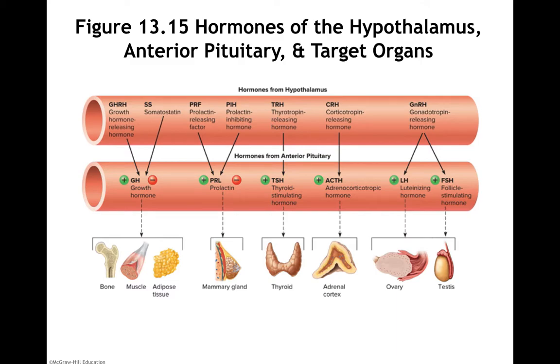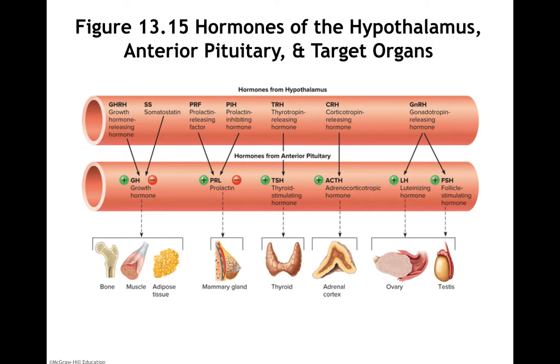So growth hormone is released in response to growth hormone releasing hormone. It is inhibited by another hormone from the hypothalamus called somatostatin. Prolactin releasing factor and prolactin inhibiting hormone work on the prolactin producing cells. Thyrotropin releasing hormone is going to act on thyroid stimulating hormone.